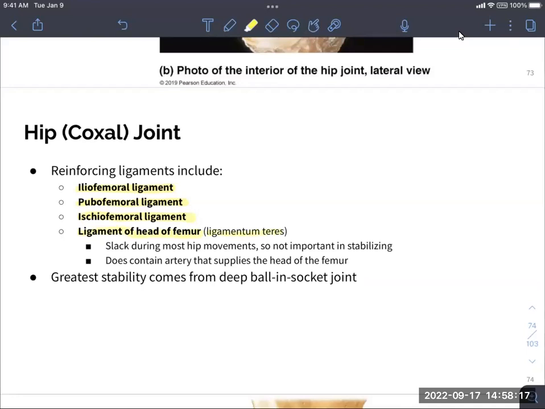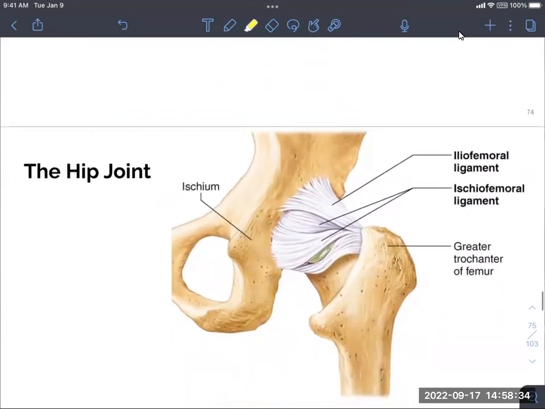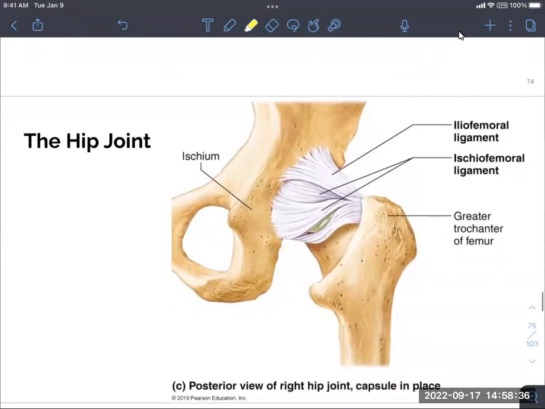So this joint has the most stability for a ball and socket. That stability comes from that deep ball in the socket, and then everything that helps to hold it in place. So from this view, we see the iliofemoral ligament. Ilio goes from that ilium to the femur.